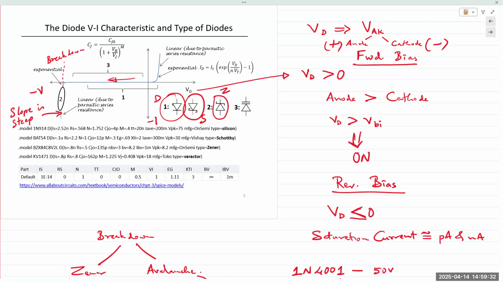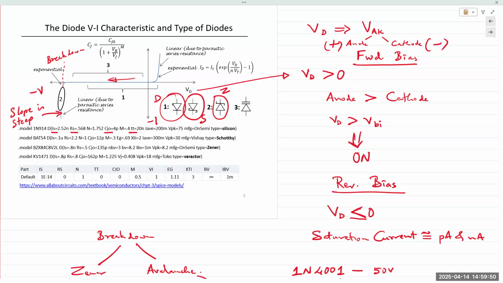So in the SPICE model, we specify saturation current, resistance, but these are the four main ones, right?